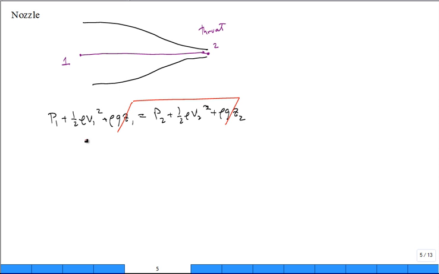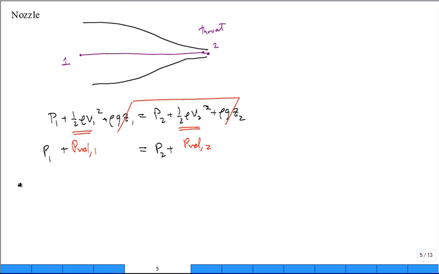Now, what about this one and this one? These are my velocity pressure at 1. This is my velocity pressure at 2. Which one's larger? 2 is larger because it's going faster. Okay. The sum of the static pressure, P2, plus the velocity pressure at 2 is equal to the static pressure at 1 plus the velocity pressure at 1.